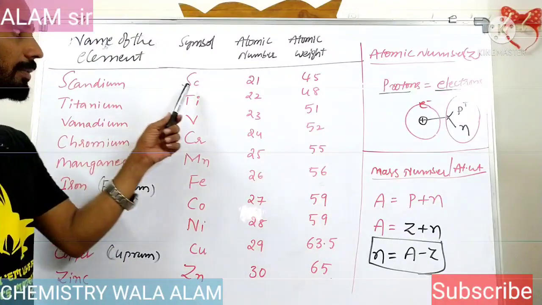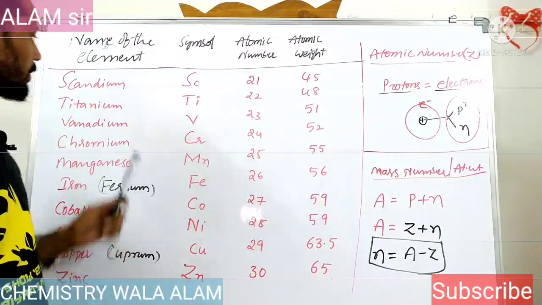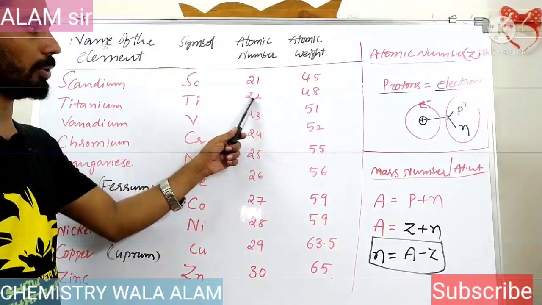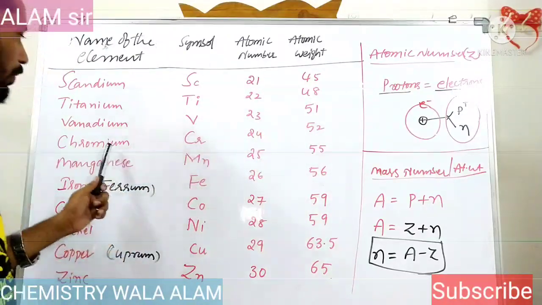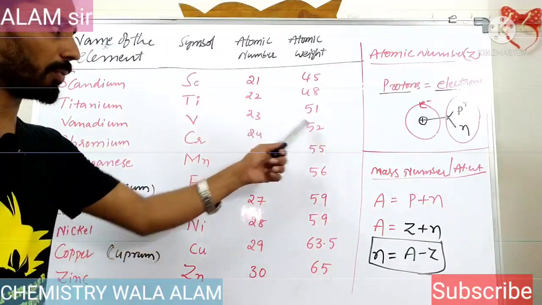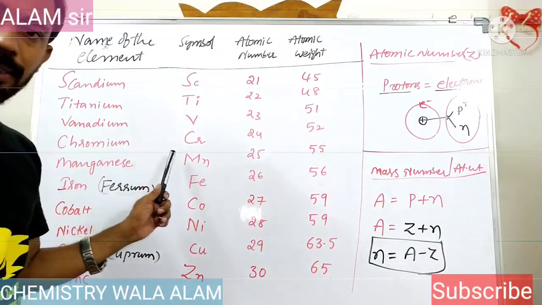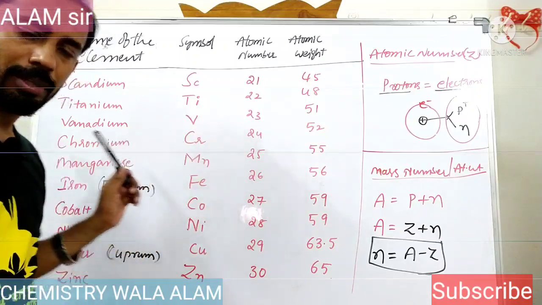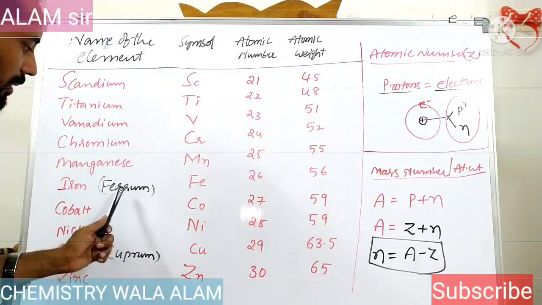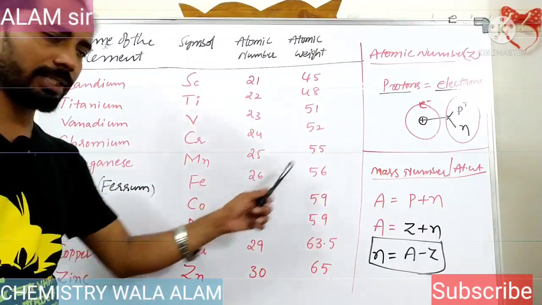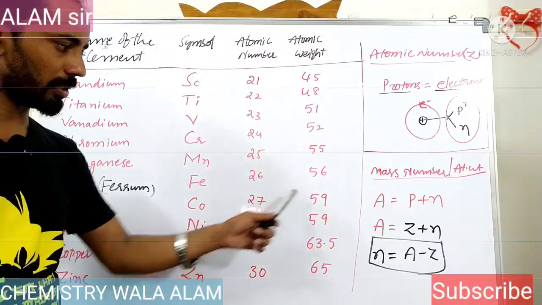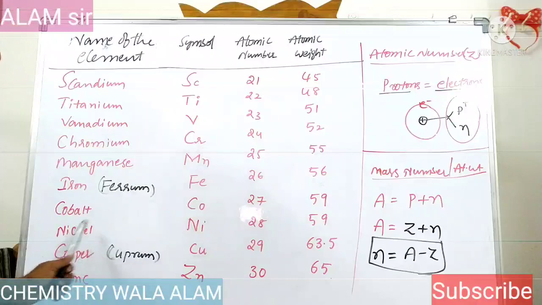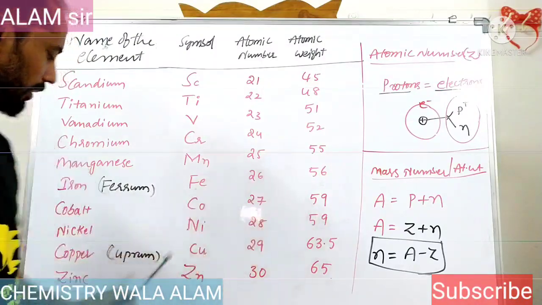Okay, scandium Sc 21, 45. Titanium Ti 22, 48. Vanadium V 23, 51. Chromium Cr 24, 52. Manganese Mn 25, 55. Iron Latin name is ferrum, Fe 26, 56. Cobalt Co 27, 59. Nickel Ni 28, 59.